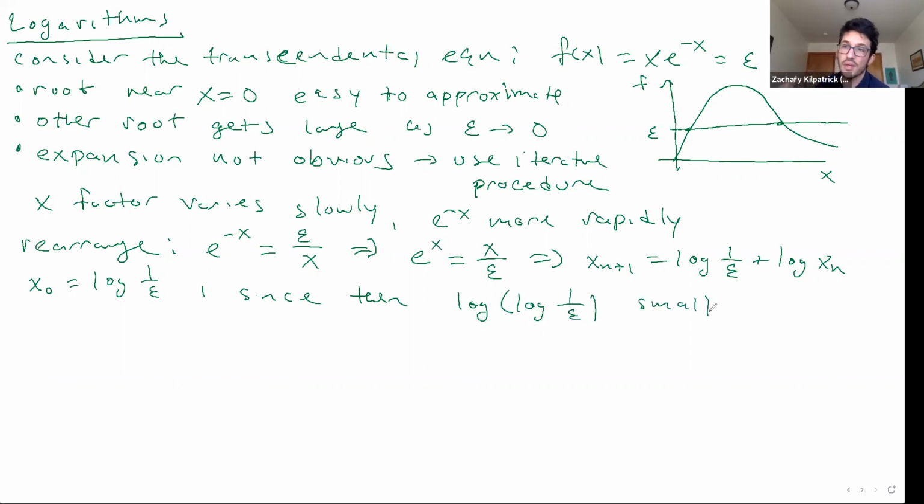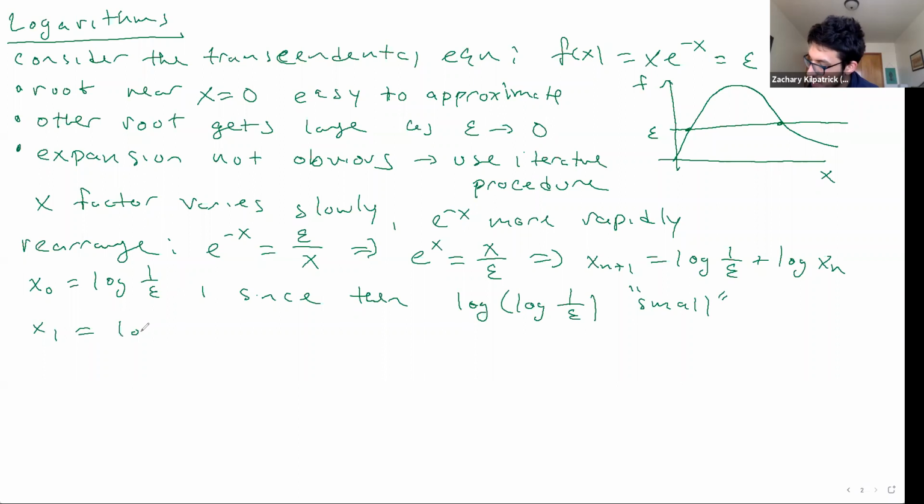Even when epsilon's really small, if you take log of a log, you're sort of shrinking that down. Let me put it in quotes though, because if I take epsilon to be 10 to the minus 20 or something like that, this is not necessarily going to be 0.001. It could still be some integral term or something like that, but certainly smaller than log of 1 over epsilon.